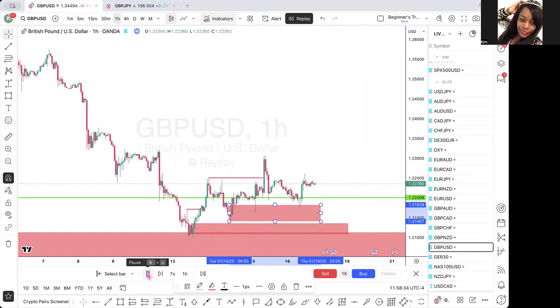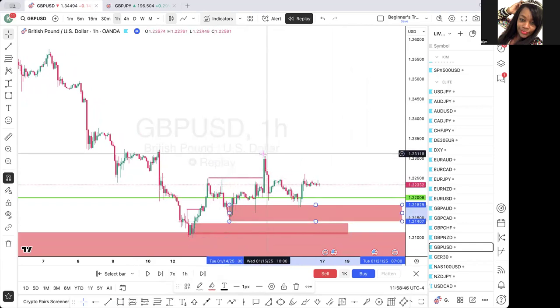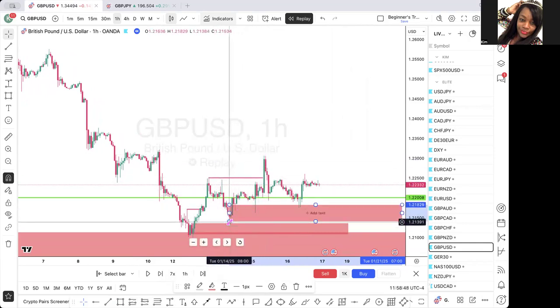Let me play it. This would be my zone. Now remember, once this broke structure, this is the swing low, this is the swing high. Price would have to break this low if I'm wrong about this trade. Does that make sense?